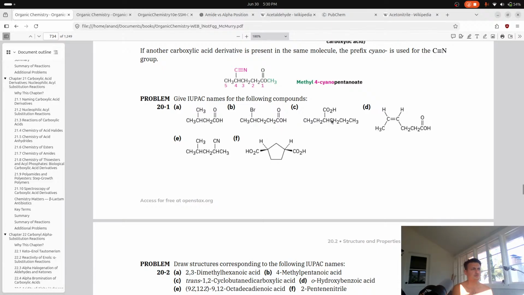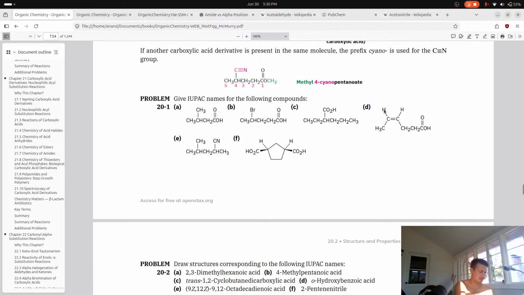So 1, 2, 3, 4, 5. So this is going to be 2-ethylpentanoic acid, right? Okay, so 6. So I'm going to say it's hex-4-enoic acid.